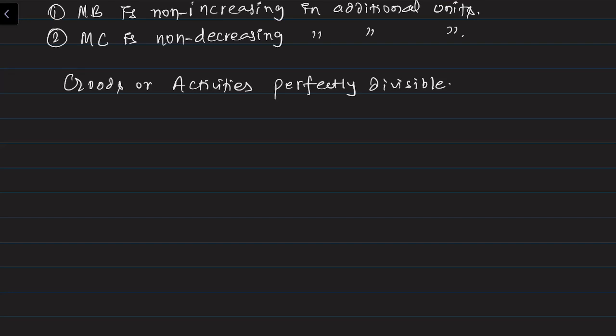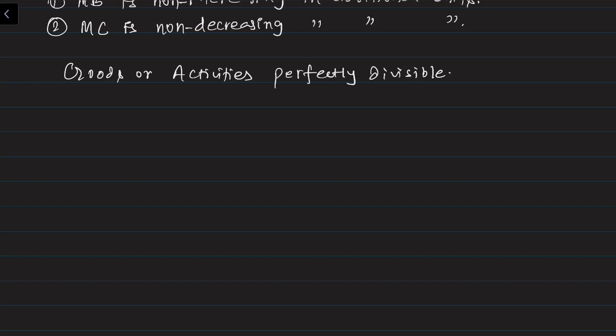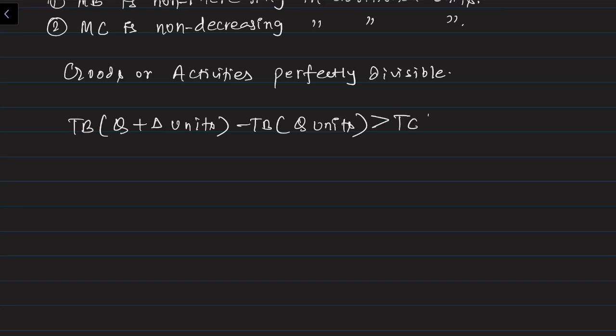So in this case, how do we find out the optimal quantity? So first, let's consider we do the additional delta unit of activity X if total benefit of Q plus delta units minus total benefit of Q units is greater than the total cost of Q plus delta units minus total cost of Q units.